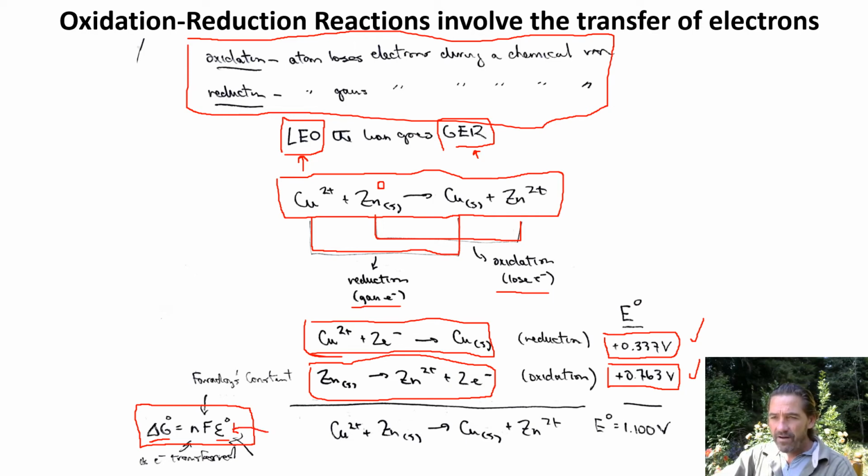And we're going to find that if, say, we have a negative delta G, at this point, we should know from chapter 2 that a negative delta G is spontaneous. It will happen. Therefore, if a negative delta G is spontaneous, then a positive voltage is spontaneous and will happen on its own.